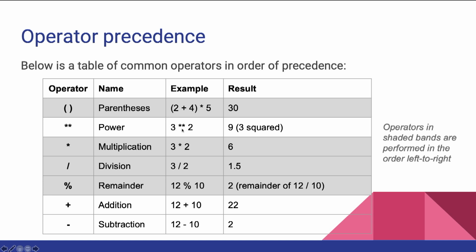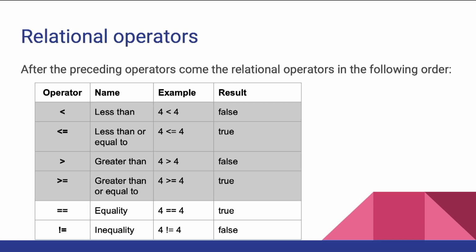So 3 asterisk asterisk 2 is 9, 3 squared. And then to beat all of those, we have parentheses. This should be pretty much the same as what you learned in school in mathematics. Of course, you probably didn't think in school about all the other operators you learned and what their precedence was.